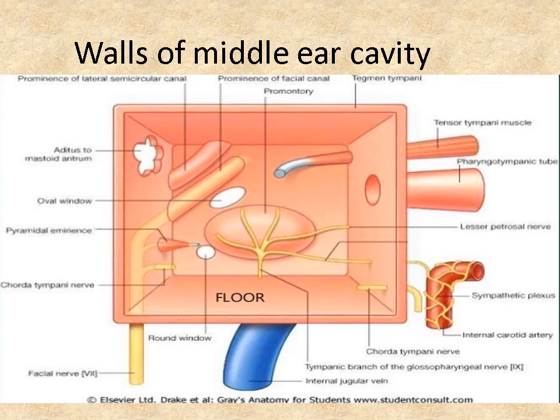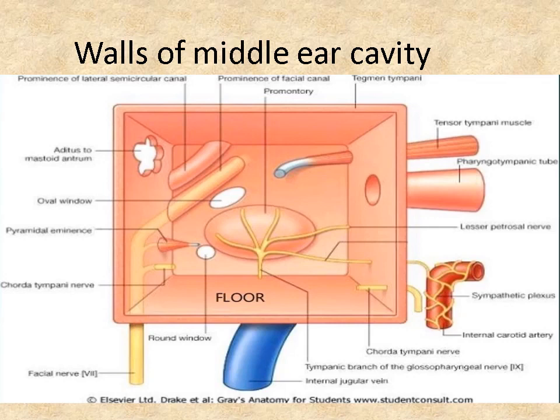The floor is an even thinner plate of bone that separates the middle ear cavity from the superior jugular bulb, and sometimes it is deficient and the patient complains of what we call pulsatile tinnitus. You will know about this later. Okay, so we finished the roof of the middle ear cavity and the floor.